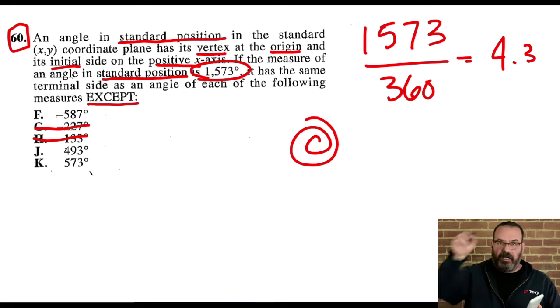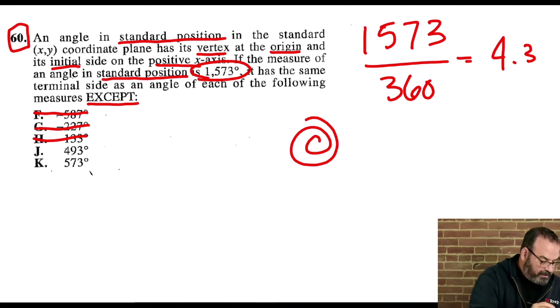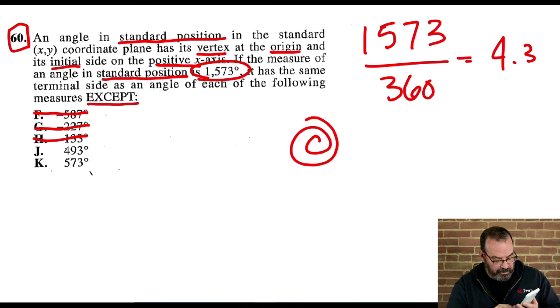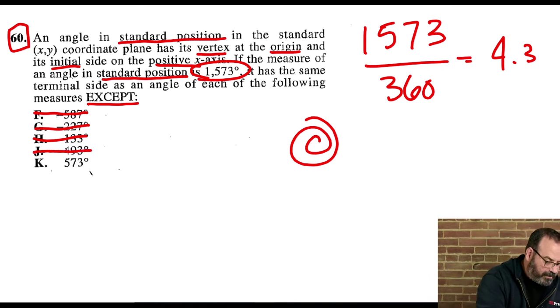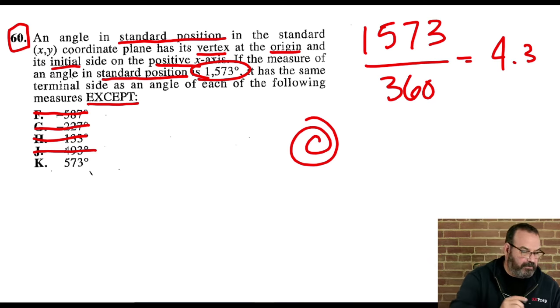Let's go 360 degrees in both ways. From negative 227, let's subtract 360, and we get negative 587. And from 133, let's add 360, and we get 493. So F, G, H, and J are all equal to 1,573.